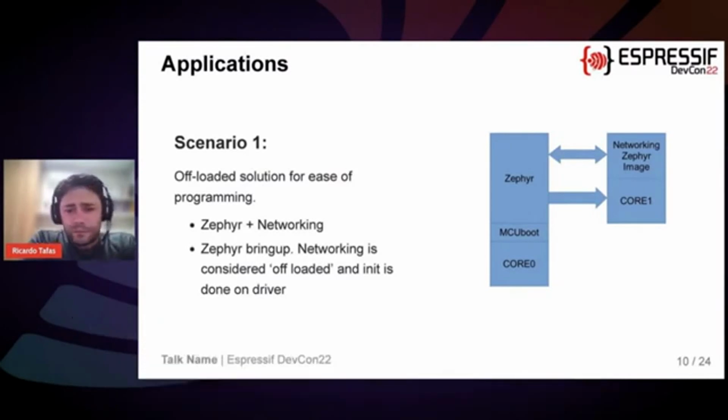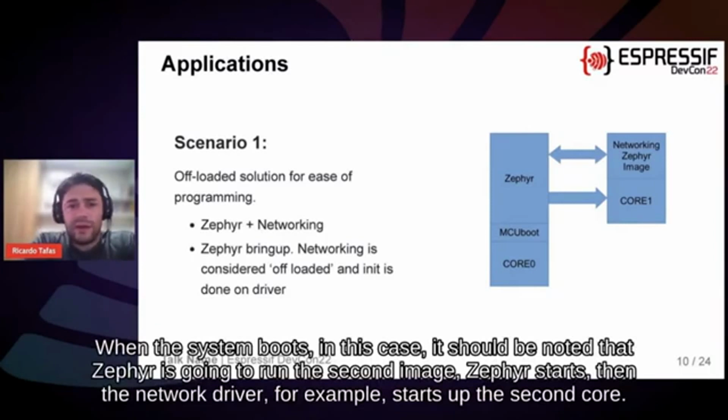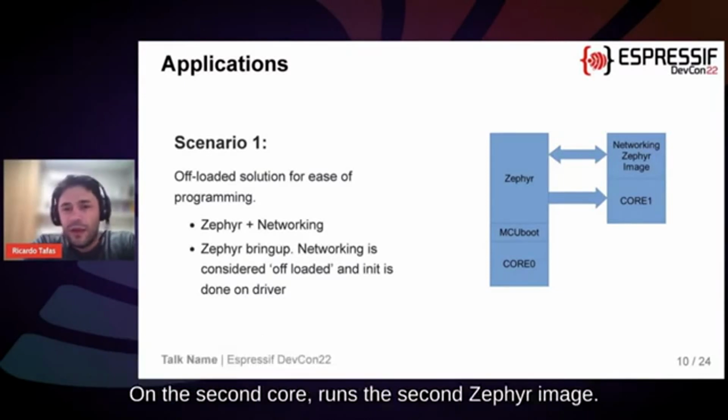When the system boots, in this case, it should be noted that Zephyr is going to run the second image. So Zephyr starts, then the network driver, for example, starts up the second core. On the second core runs a second Zephyr image.